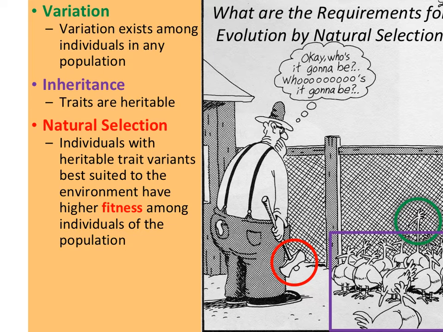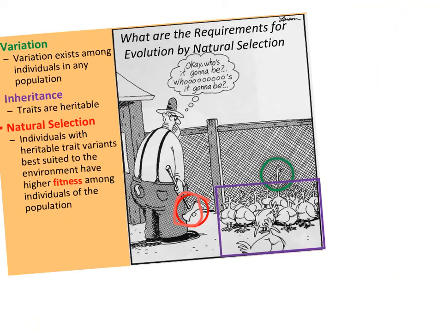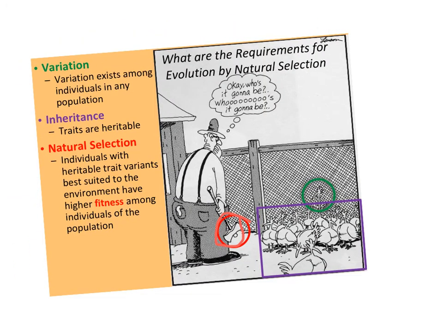Selection, in this case, is this farmer. That's the environment. And he's got an axe. And he's going to use this axe to start chopping off heads. Who is he going to probably chop off? I'm sorry, buddy. You're sticking out. Natural selection.